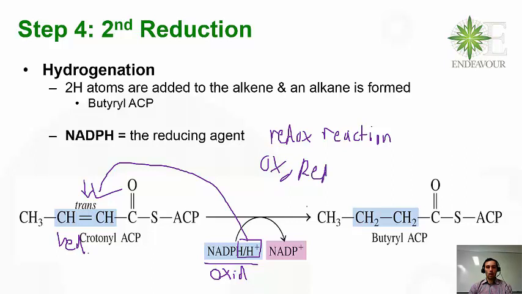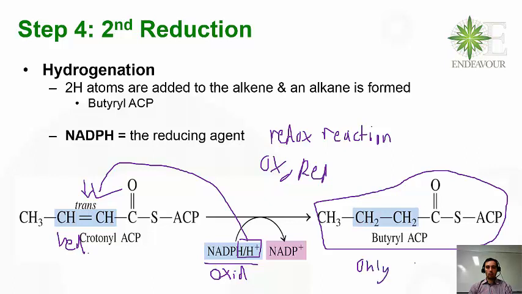So the outcome of this reaction is what we see on the right hand side here. We've now got our butyryl ACP, which contains only single carbon-to-carbon bonds. So we've removed the double carbon-carbon bond that was here, and we've done that by adding hydrogens in its place.